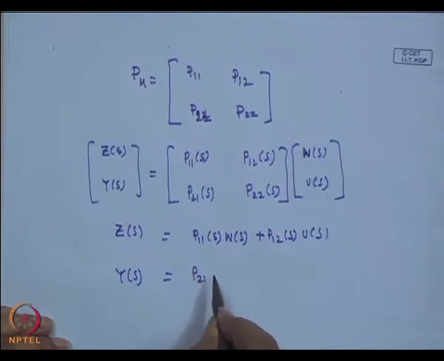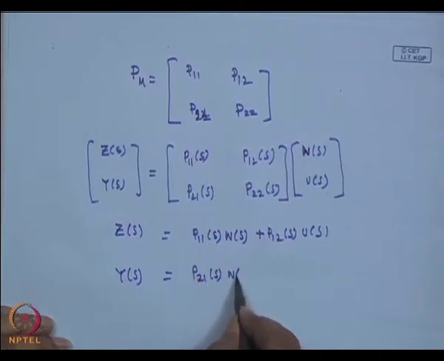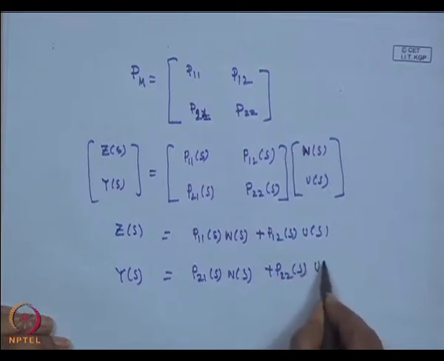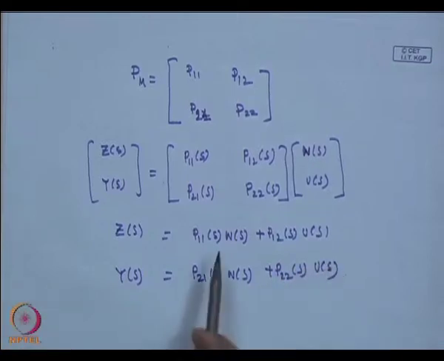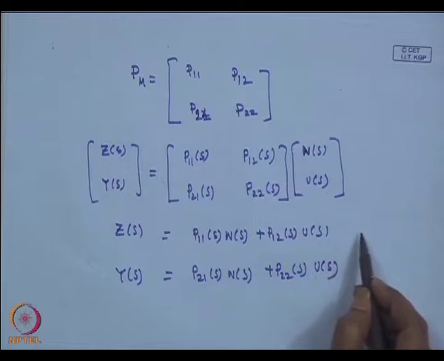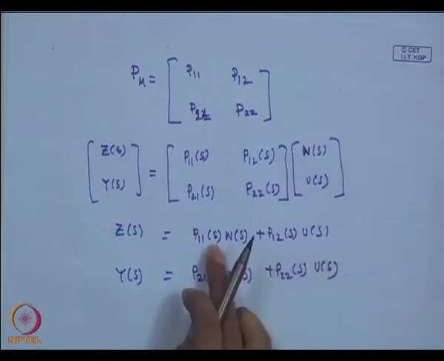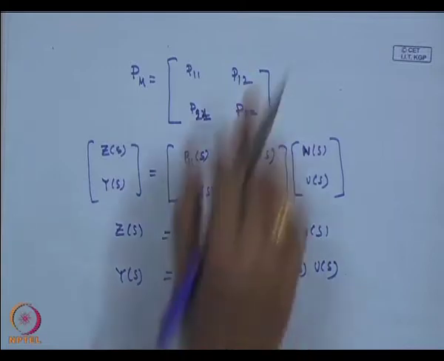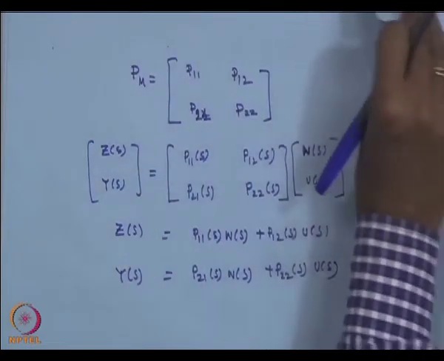P 21 of s W of s, P 22 s U of s. So, how to find out P 11 of s? You excite with only U of s, assume U of 0 is 0, then you will get P 11 of s. Agree? You will get P 11 of s.